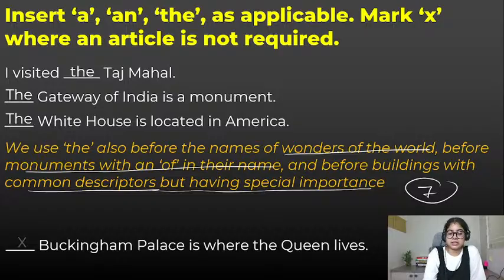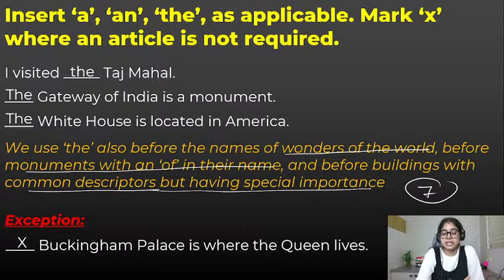But this is a case of exception. इस रूल में ये वाला एक्सेप्शन है. बकिंगहम पैलेस के आगे कुछ भी नहीं लगता है. Okay, it is just Buckingham Palace. Okay, more than the rules, please note the exceptions. All right, let's proceed.